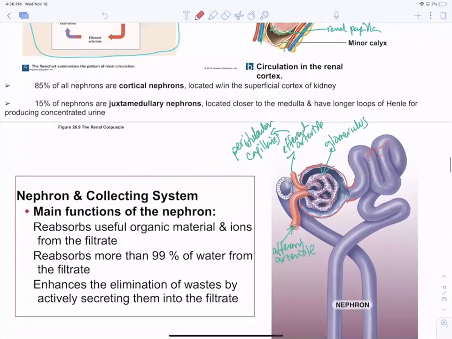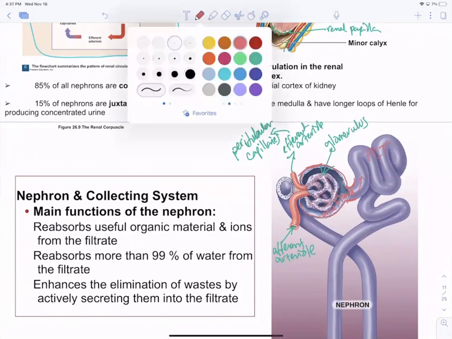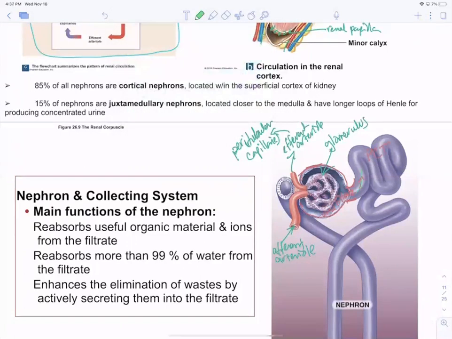And so again, you have to remember, here's where the urine filtrate is born, and that urine filtrate is going to travel right through the proximal convoluted tubule, and the peritubular capillaries are surrounding the proximal convoluted tubule.